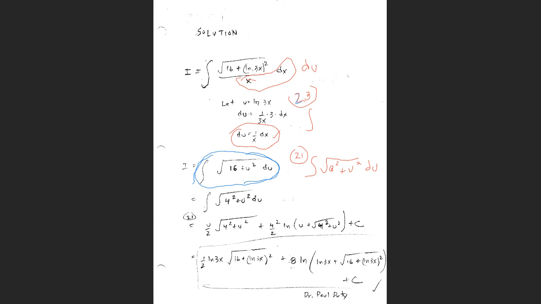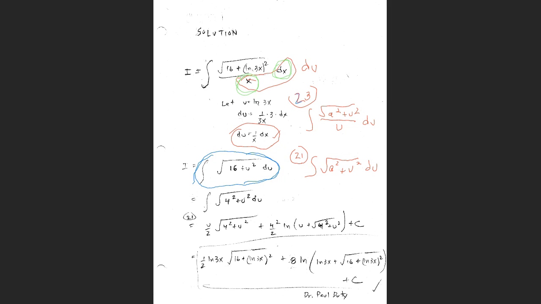So formula 23, the integrand is the square root of a squared plus u squared over u du. And if we let x be u, then that x would be equal to u, dx would equal du.